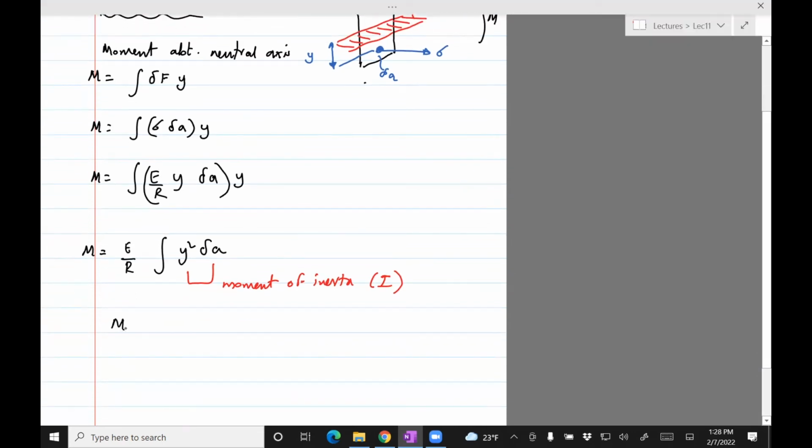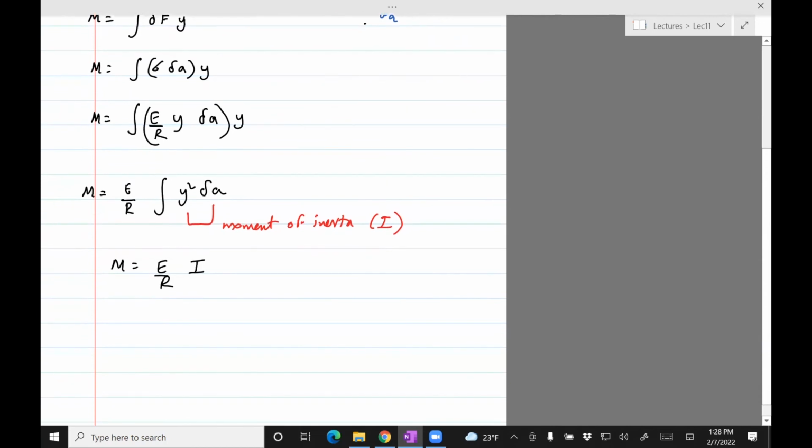So we write this as M equals E divided by R times I. And also from the previous pages, I wrote down a formula for sigma. Remember, sigma was E divided by R times y. And so we'll combine all these things into a single formula.